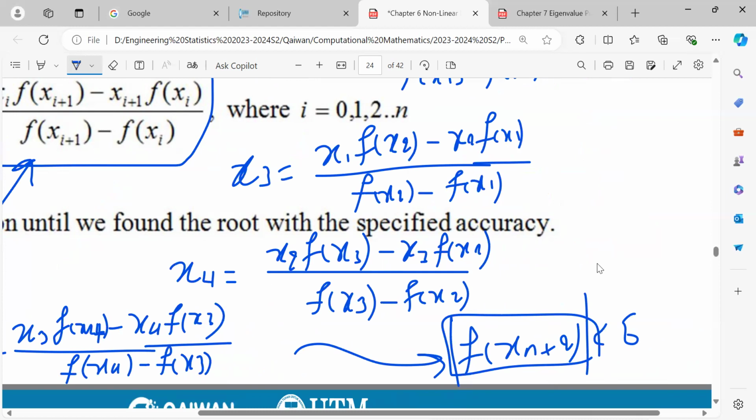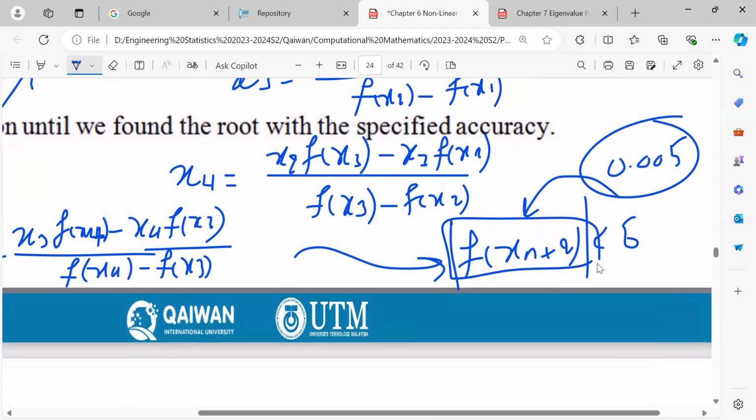We continue until we get the required value. Here, let's say if epsilon is 0.005, we continue until f of the last x is less than 0.005, or until the difference between the last two x values is less than that value.